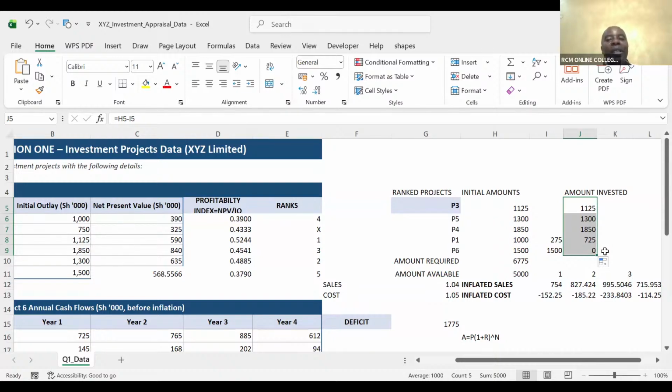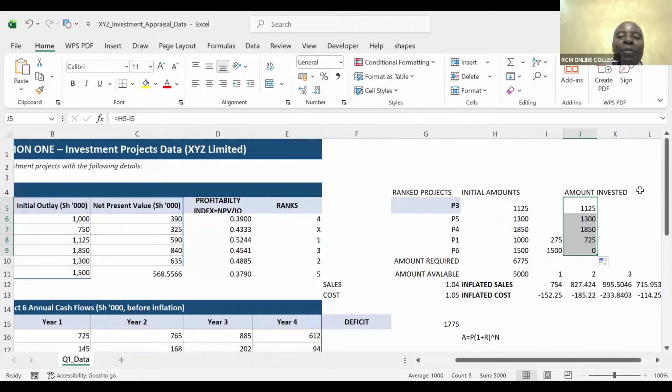So then, ladies and gentlemen, can you kindly go ahead and give me net present value? Net present value. So when I come to net present value, I must be very, very bright. You see, for project P3, I have not removed any coin from project P3.